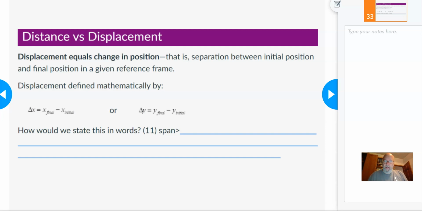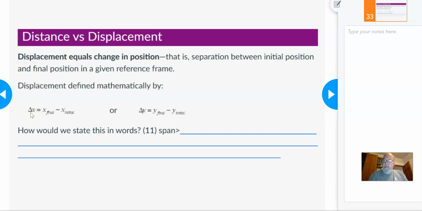And that's what this means here. Delta means change of. The little triangle symbol is the Greek letter delta, and it means change of. So change of position in the x direction means my final x position minus my initial x position. And in order for the math to work out, it's always going to be final minus initial.